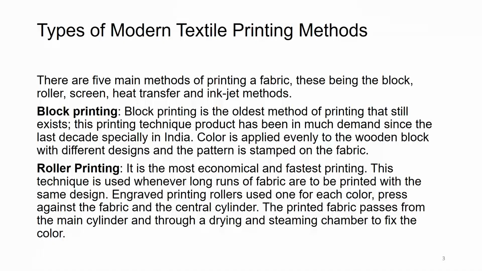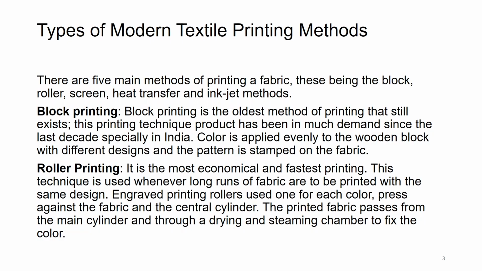Types of modern printing. Even in modern printing, block printing and roller printing are being practiced. There are 5 main methods of printing a fabric, these being the block, roller, screen, heat transfer and inkjet methods. These are very modern as compared to the traditional block printing that we had spoken about in the last lecture.